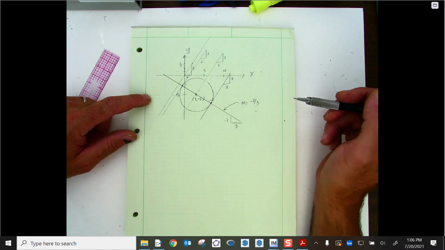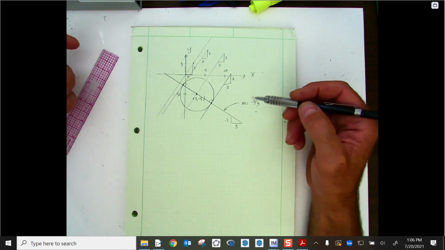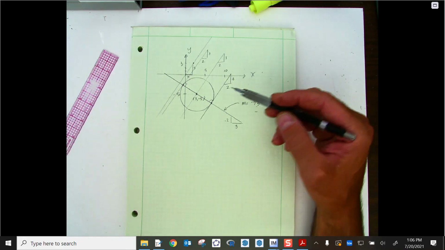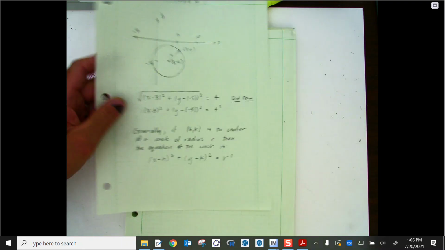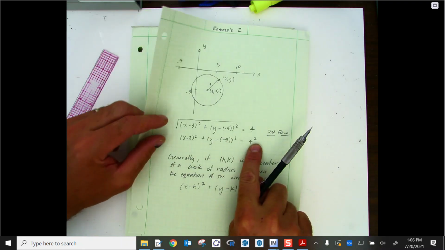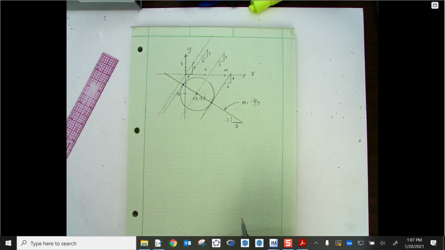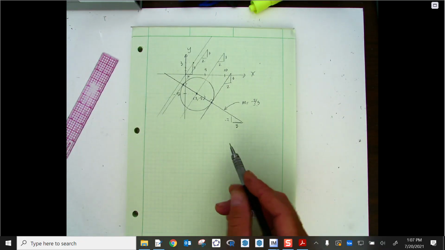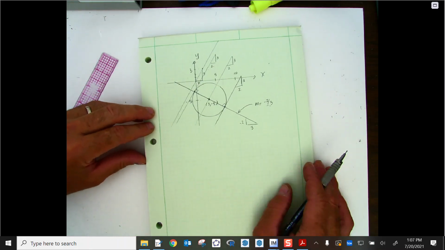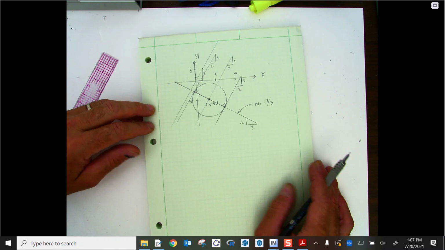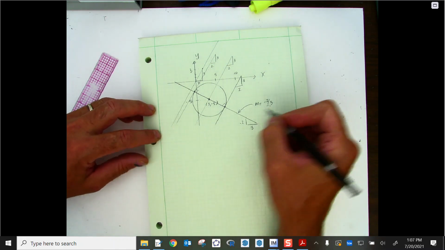Once I find its equation, I can use algebra to solve the system with the equation for the circle, the thing we just finished up with. I take the equation for the circle and figure out algebraically its solution shared with the equation for the line. That's the tack I'm going to take. Of course, it's not the only way you could solve this problem, but that's the one I'm going to try today. So let's find the equation for this line.